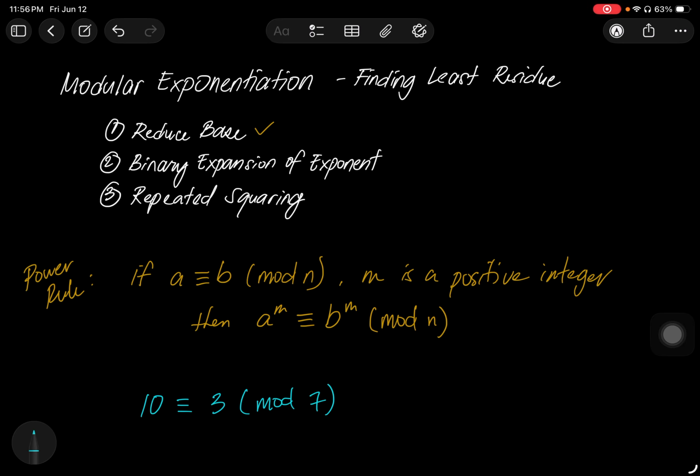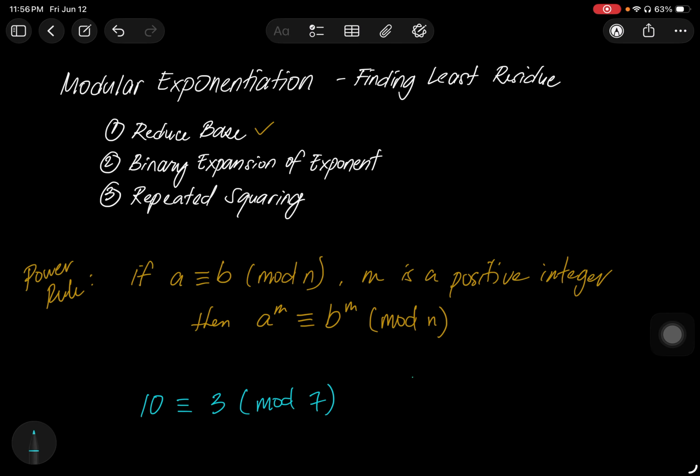Same with 3 mod 7. So this is congruent. If you want to check for congruence, you may also do so by computing a minus b, and n divides the result of a minus b.